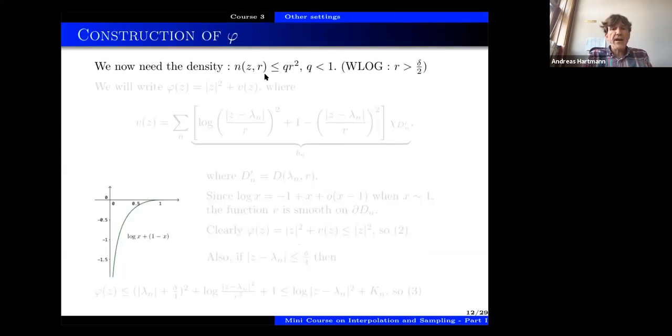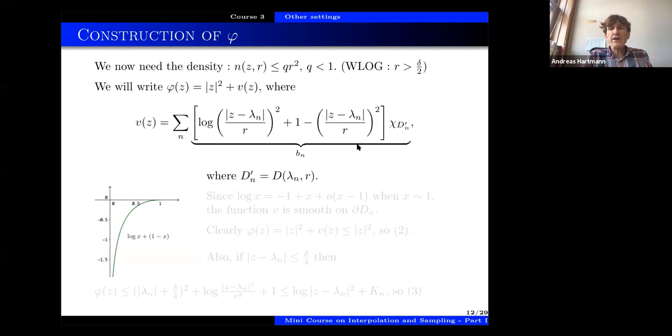Okay, how do we do that? Now I have to consider the density, of course, and I recall that the density told us that the number of points in a disk with radius r is controlled by q r squared, and q is strictly less than 1. Now, in fact, to my phi I will add this weight v, and v is more or less the Taylor expansion, the Taylor series to order 1 for the logarithm.